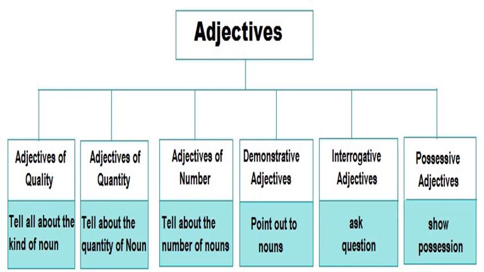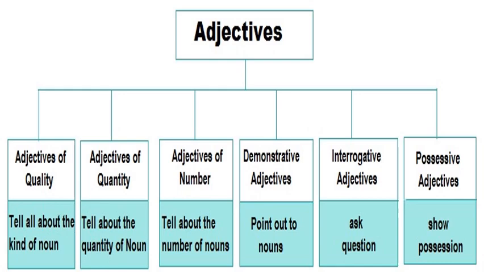So mainly adjective of quality tells us what kind of the noun is. Second, adjective of quantity tells us how much in quantity the noun is. Third, adjective of number tells us the number of nouns.